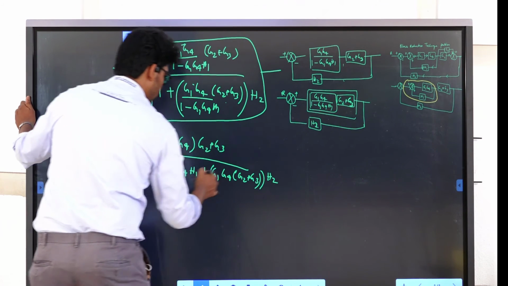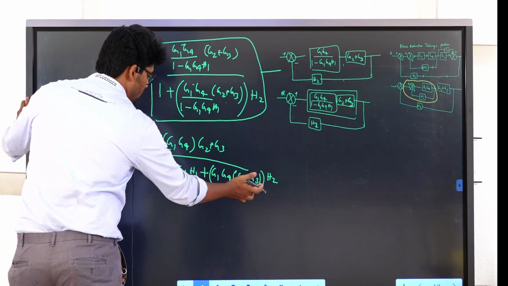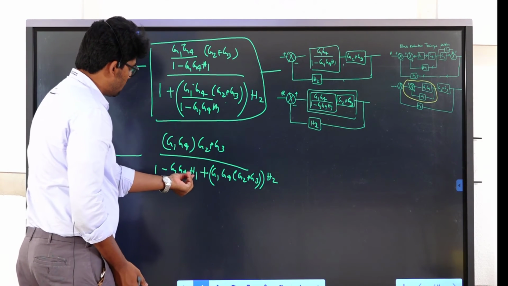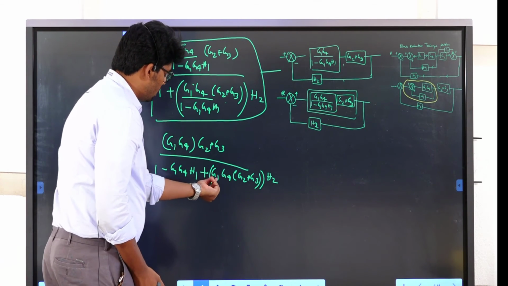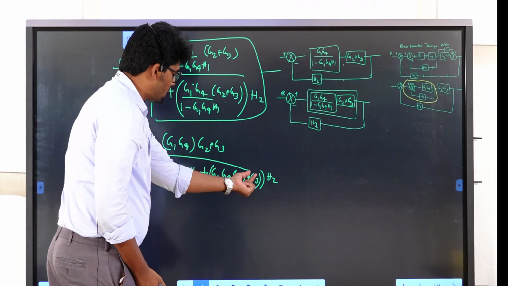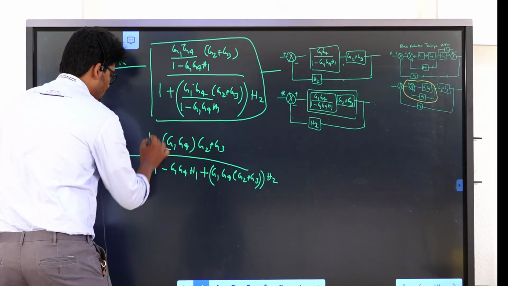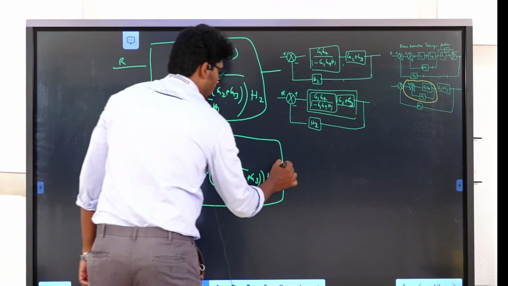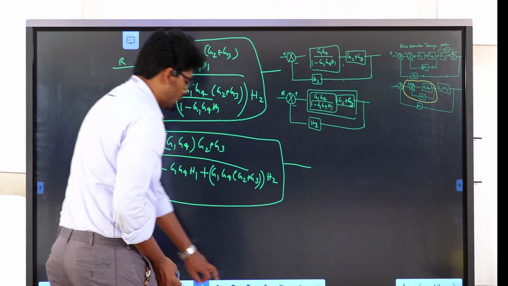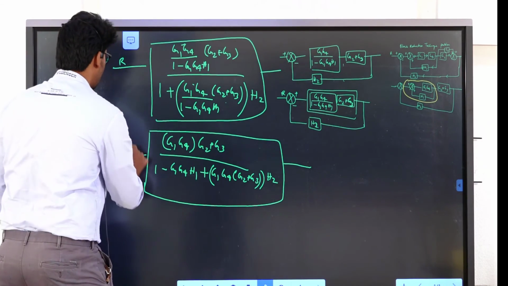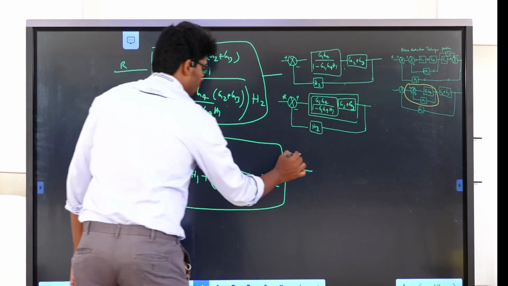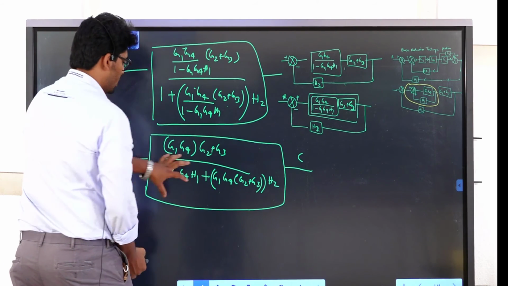This is one final block for the whole system. This is R and this is C, so C by R is this whole block.